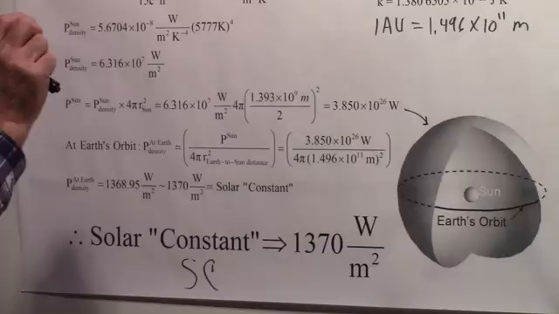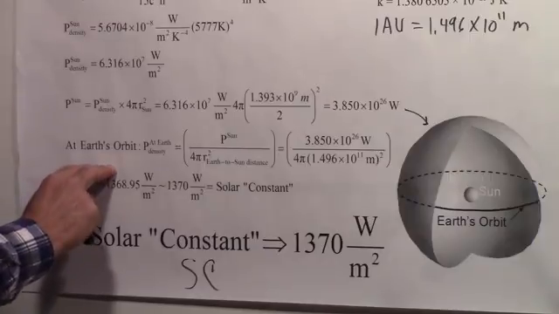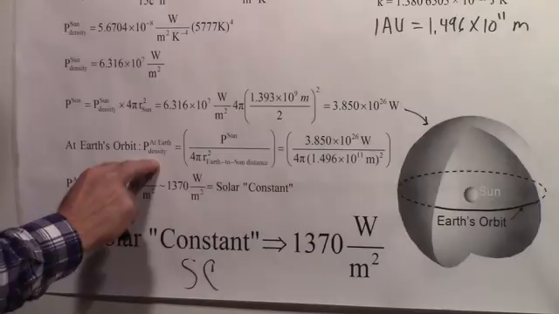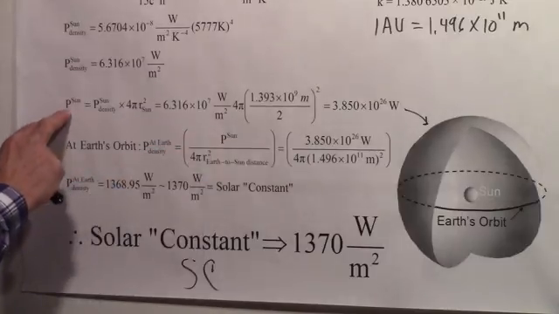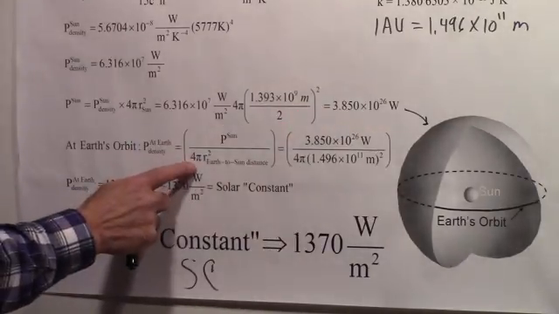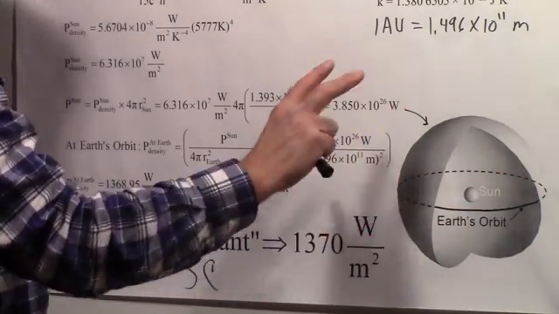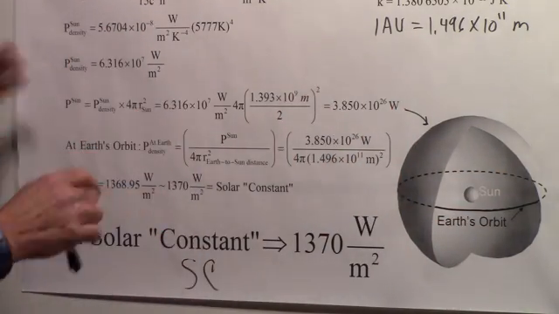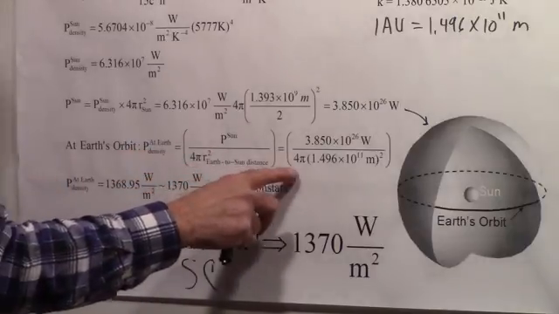We're trying to get to the solar constant at the Earth. So at the Earth's orbit, the power at the Earth, again in terms of density, will be the power that we calculated for the sun, this large number, divided by, we're going to figure per square meter now on this very large sphere, which has a radius equal to the Earth to sun distance.